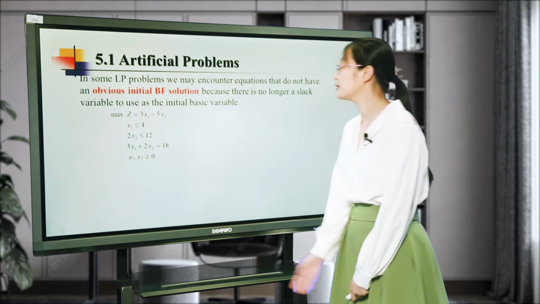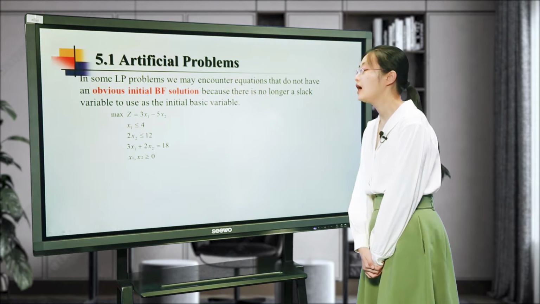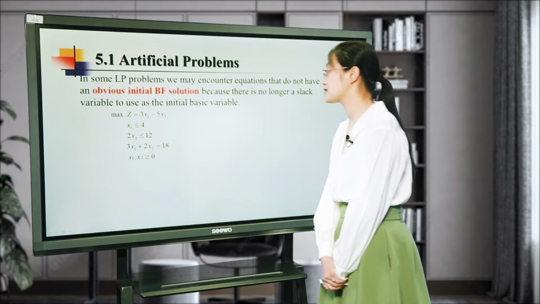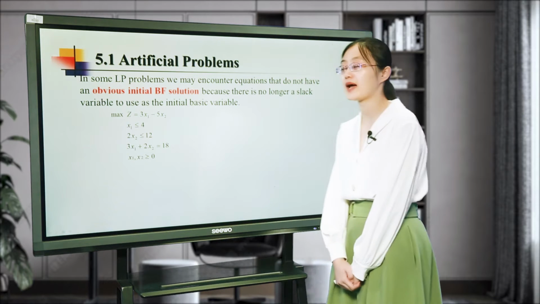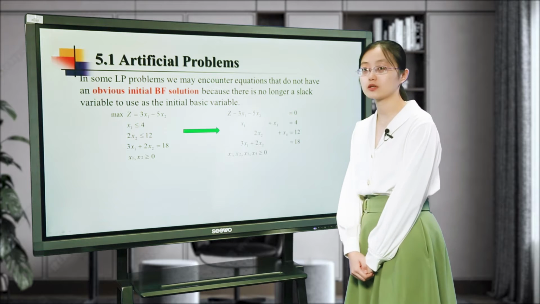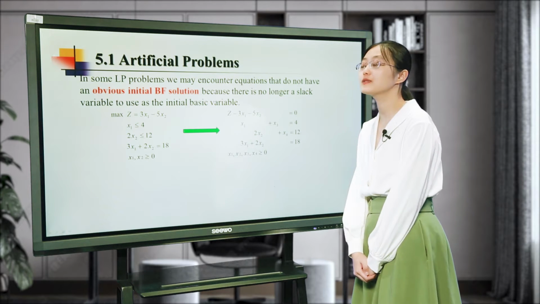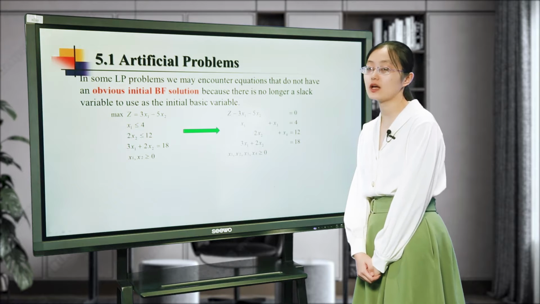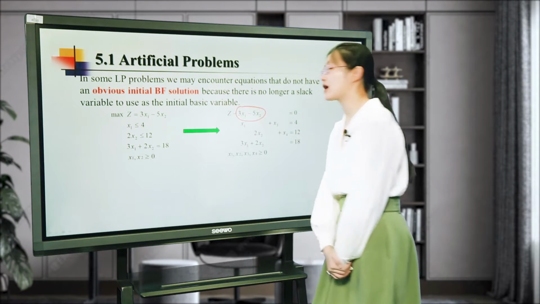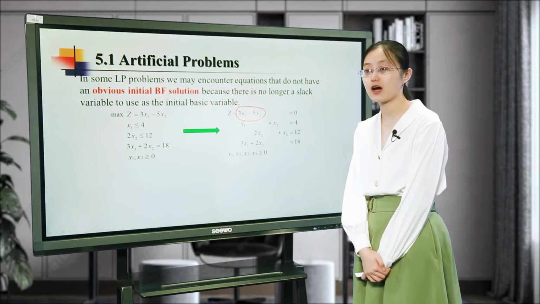For example, consider this linear programming problem with the constraints. If we want to start the simplex method as usual by first finding the augmented form by introducing slack variables, we can change all the inequalities to equations. However, if we want to set the initial BF solution as usual by setting the decision variables x1, x2 equal to 0, this actually fails.